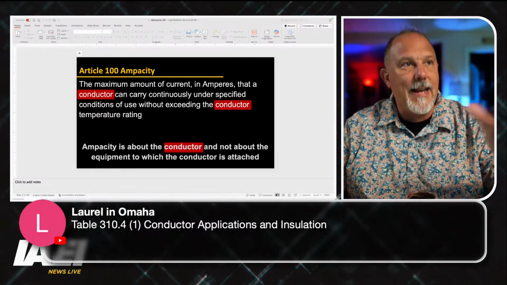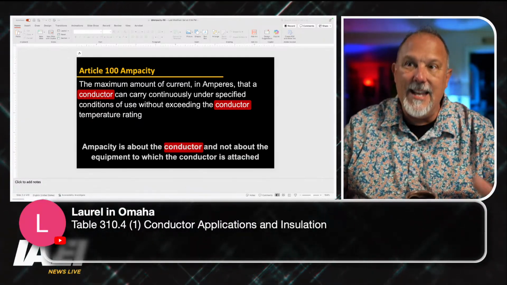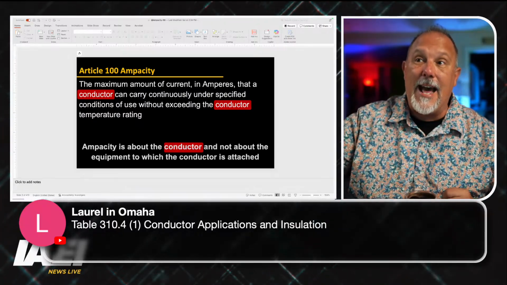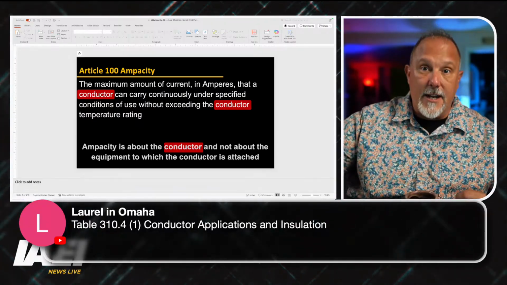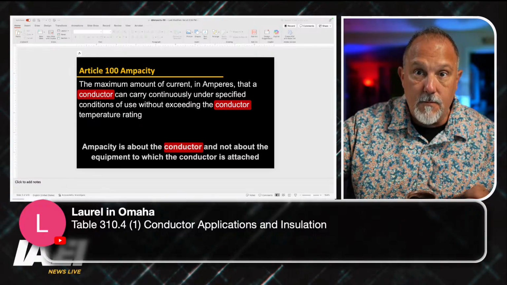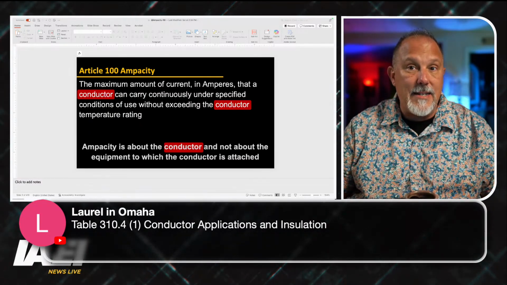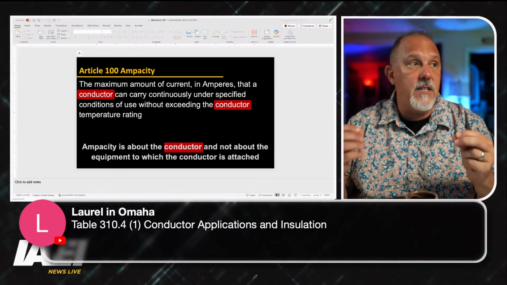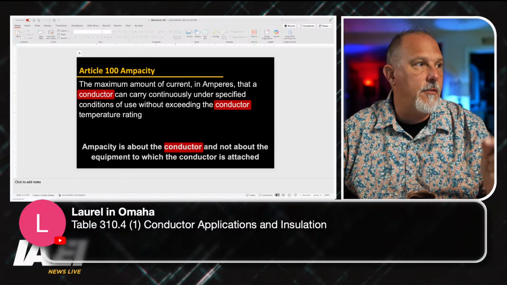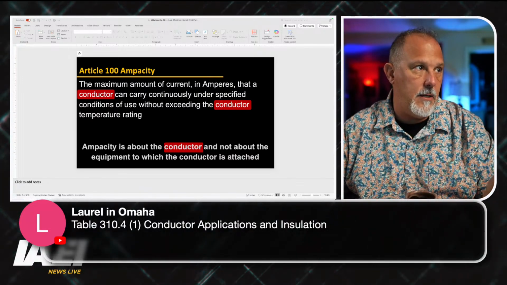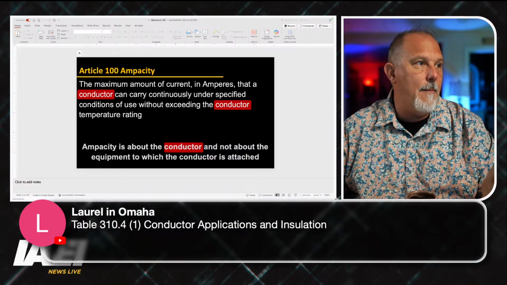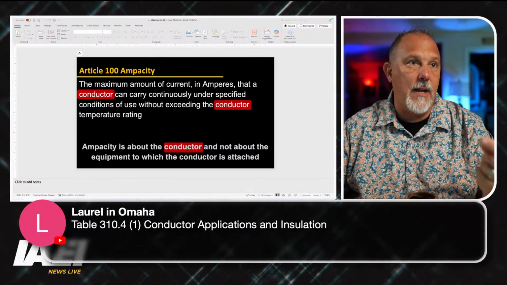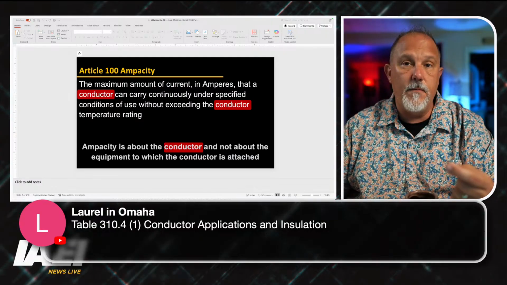So to protect a conductor at its ampacity, it is critical for us to understand how to determine the conductor's ampacity, right? And the conductor's ampacity is only based upon what you see in 310.14, which is ampacities for conductors rated 0 to 2,000 volts.